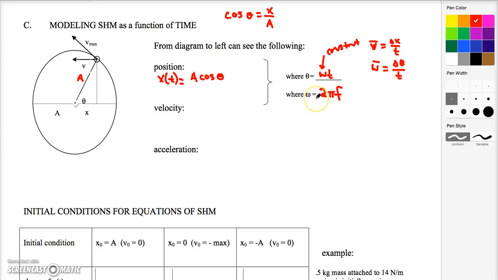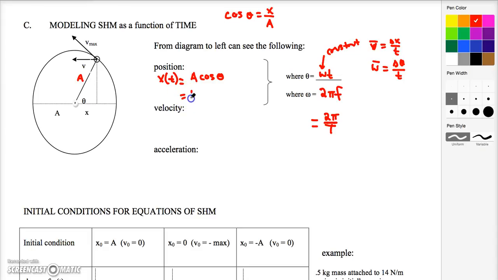We'll talk more about the differences between the two, but for our purposes right now, they are essentially the same. And I could also write this as 2 pi, since frequency and period are inversely related, over T.